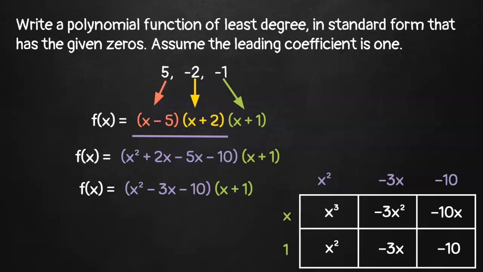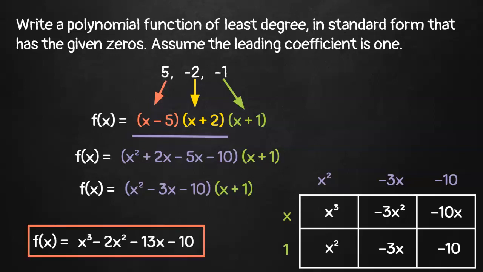After we multiply, we see if we have any terms that we can combine. We do have some x squared terms, and we do have some x terms. So when we combine our like terms, our polynomial function is x cubed minus 2x squared minus 13x minus 10.